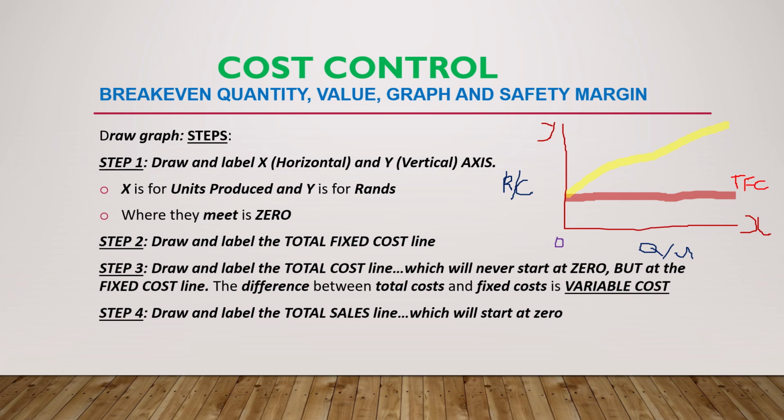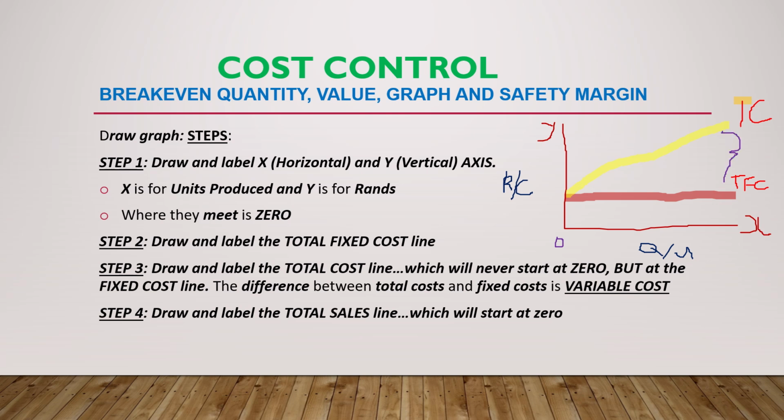That's your total cost. It always starts from your total fixed. And then this space here, between total cost and total fixed cost, is your total variable cost.